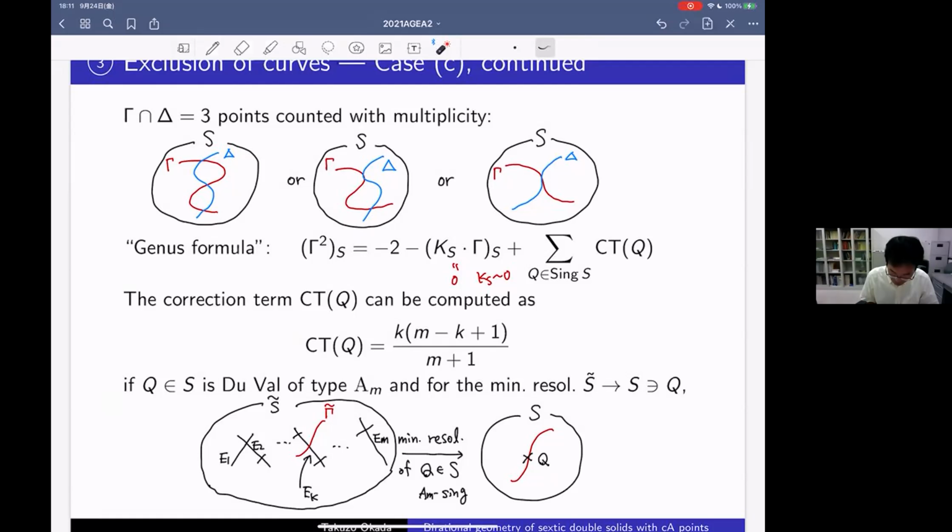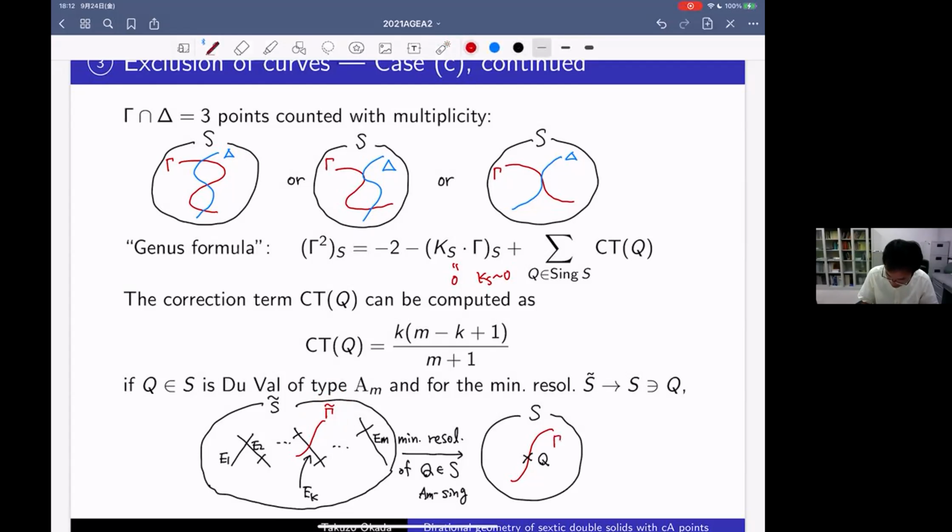If this point is a dual singularity of type A_M, and we take the minimal resolution of this A_M singularity, we have this kind of picture. This is the minimal resolution of this point. We have M (-2)-curves, a chain of (-2)-curves, and this number K is nothing but the intersection position of the proper birational transform of this curve gamma.